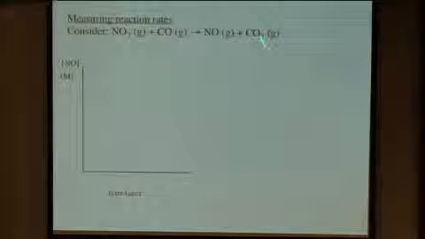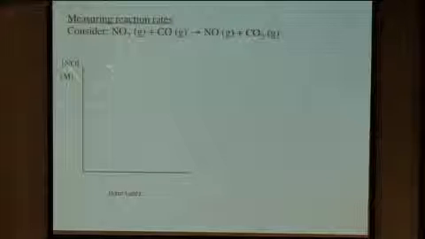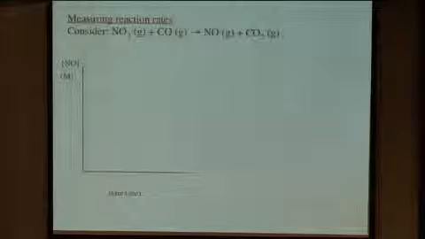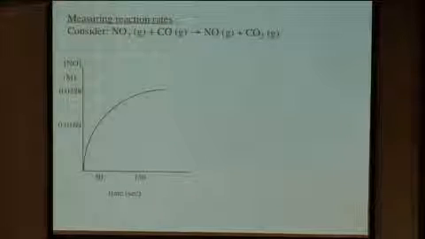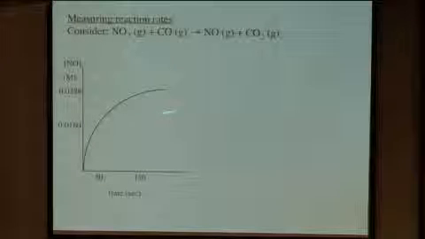So let's just look at one of the products. So one might be plotting a change in the concentration of one of the products versus time. And you may find that it goes up and then maybe starts to level off a little bit over time.